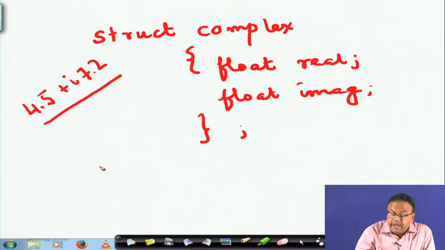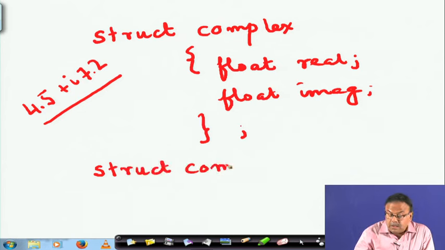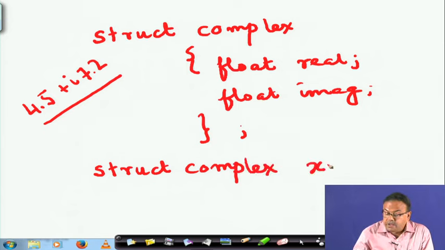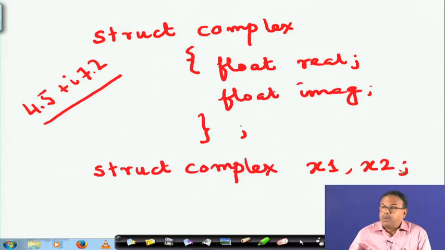And I can say struct complex x1, x2. This is one way of representing a structure. What does it mean?